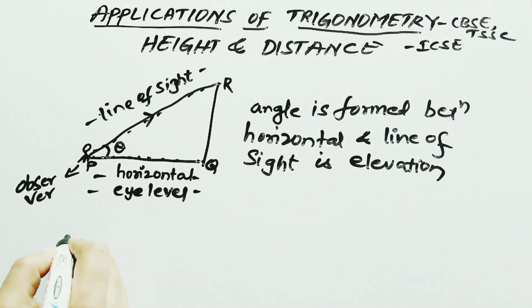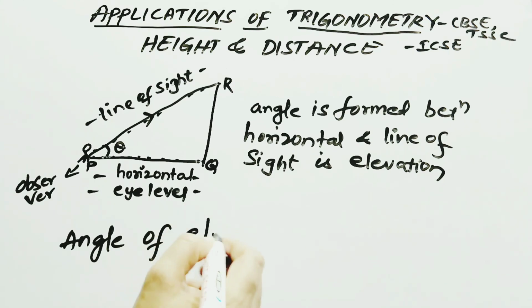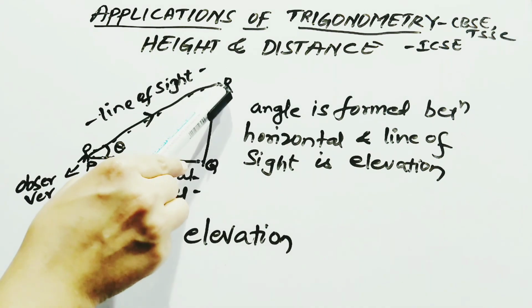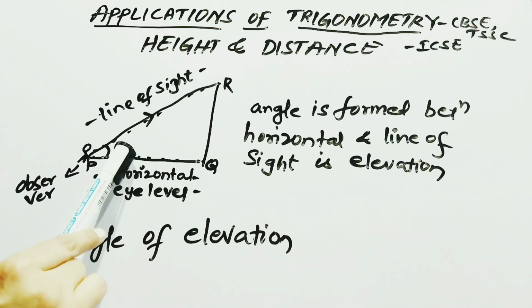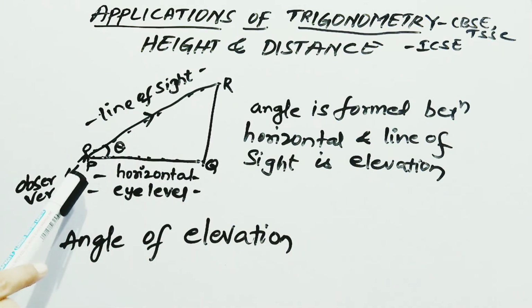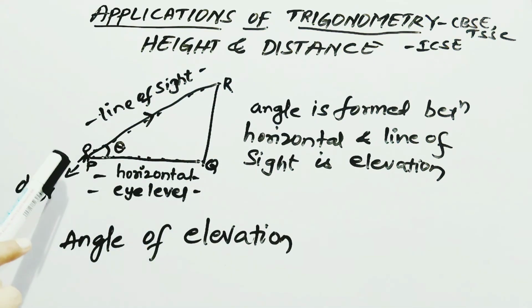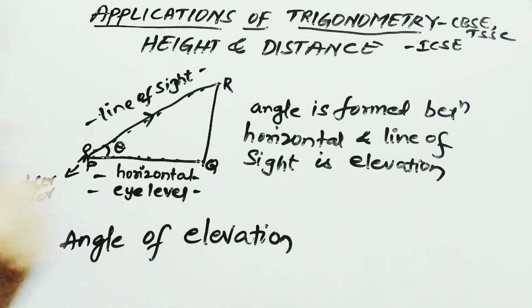This is called the angle of elevation. Theta is the angle of elevation of R with respect to P, and R is responsible for making the observer see, because the observer is seeing the top of the building.